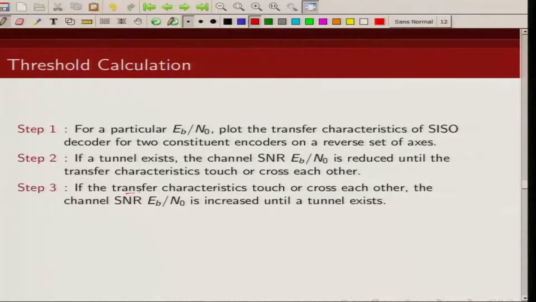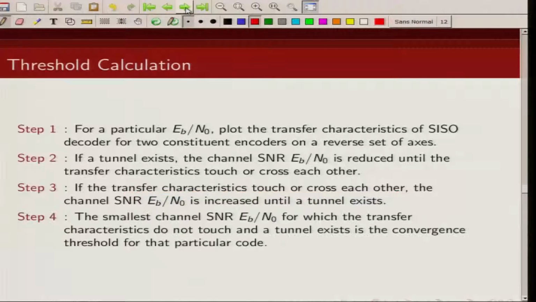So, if the transfer characteristics touch or cross each other, then what we need to do is increase the SNR until there is a tunnel. The smallest channel SNR for which these two transfer characteristics, plotted on reverse axes, do not touch and a tunnel exists, is basically the convergence threshold for that particular code.